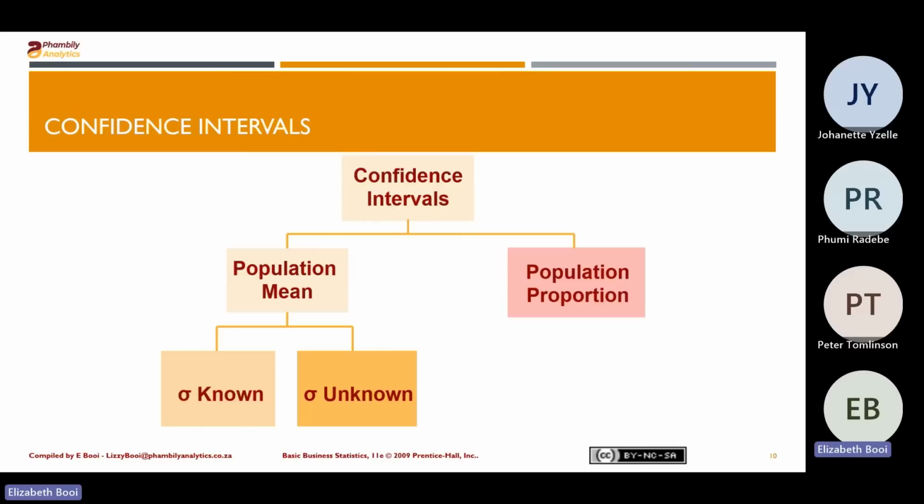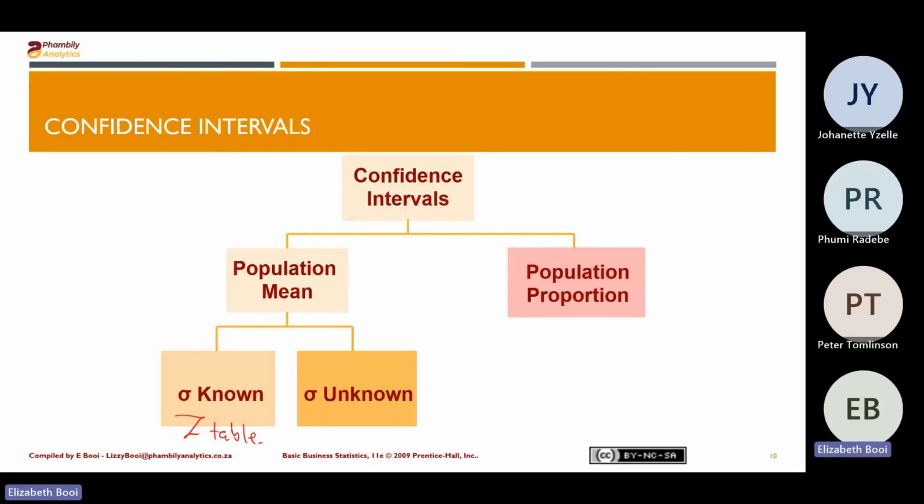So with confidence intervals, we're going to be looking at 2 areas: confidence interval for the mean and confidence interval for the proportion. For the population mean, we also need to ask ourselves 2 questions. One, did they give us the population standard deviation? If the answer is yes, then you're going to use the Z table.